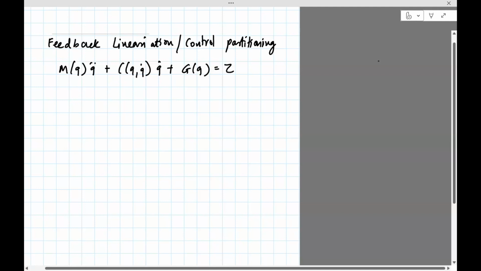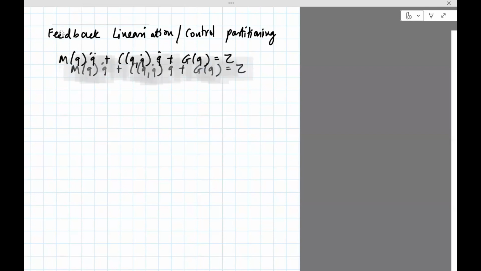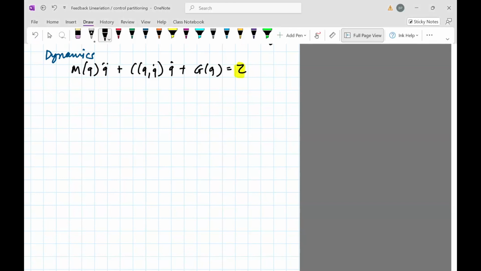So that's the dynamics. Now, just write this. Yeah, and I'm free to choose whatever I want for the control.